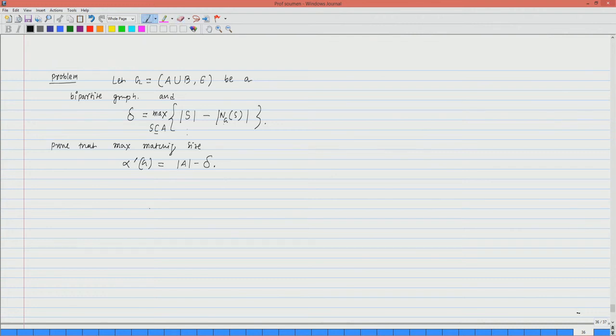Okay. Now, we prove this theorem, or we solve this problem.